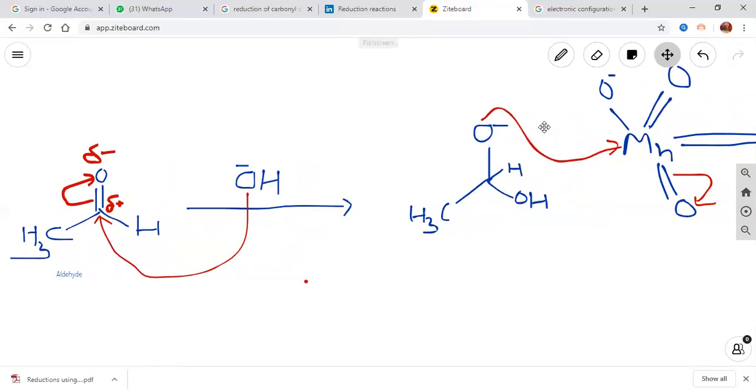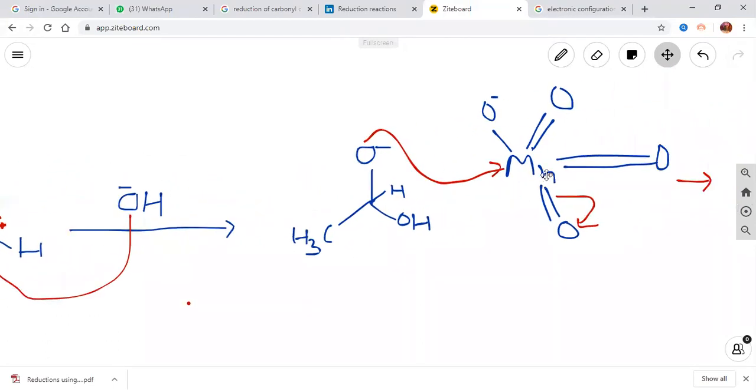which can attack the permanganate ion. So again it attacks the manganese atom, and it bonds with the manganese.